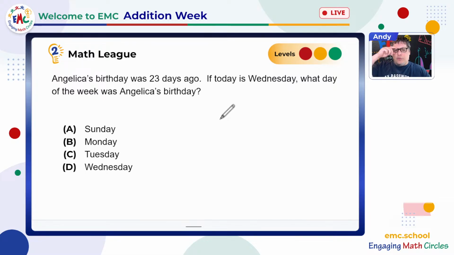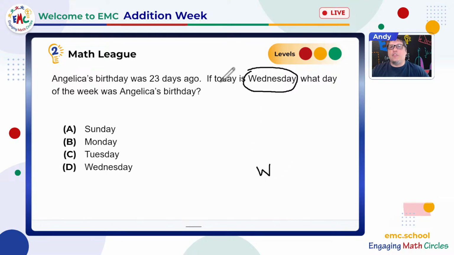That's right, we think about it by sevens. What is 7 days ago? If I have a Wednesday, 7 days ago is a week ago, so it's also Wednesday.